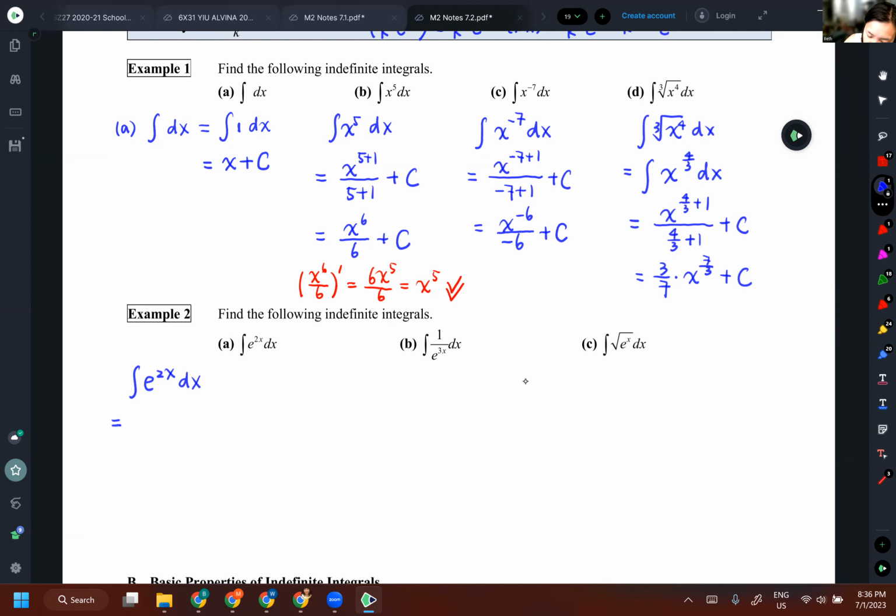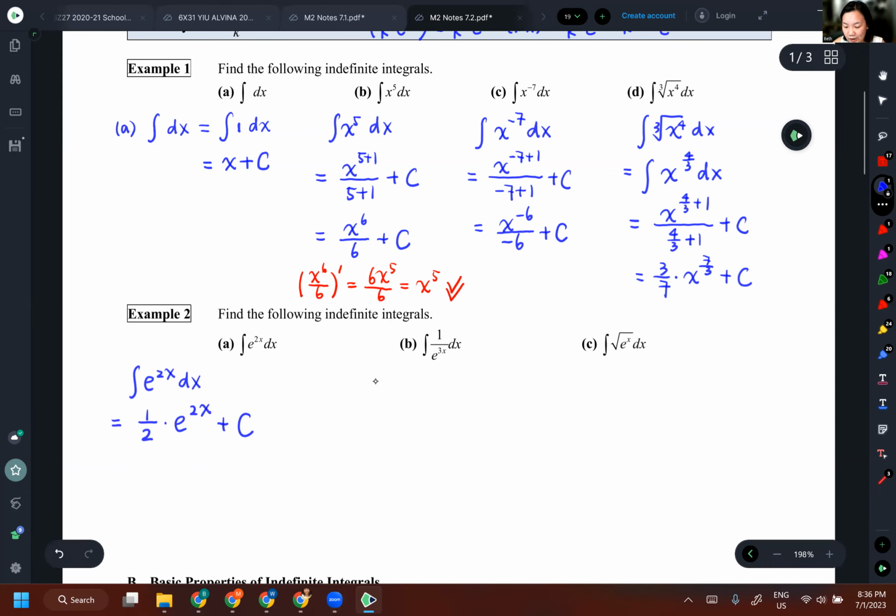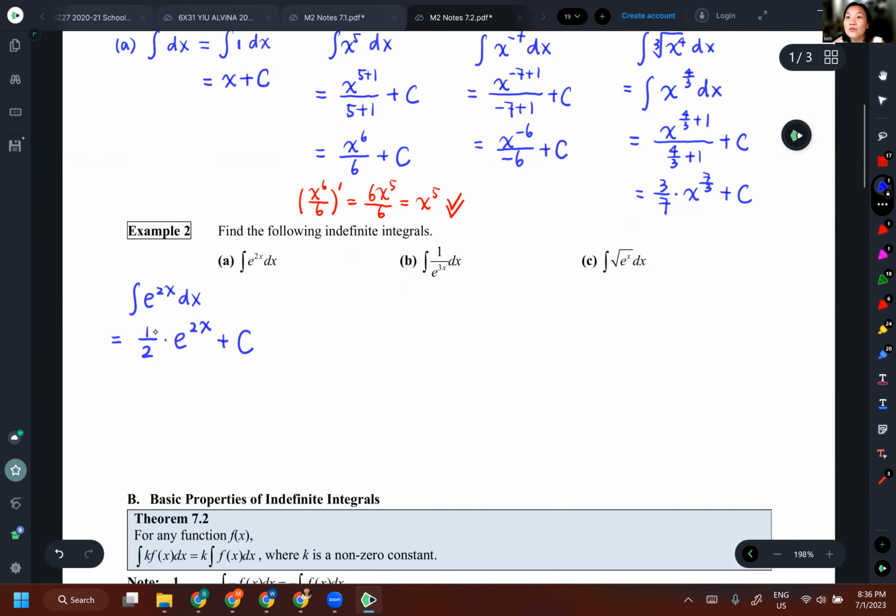Formula E is 1 over k, e to the power kx, here k equals to. Part B.